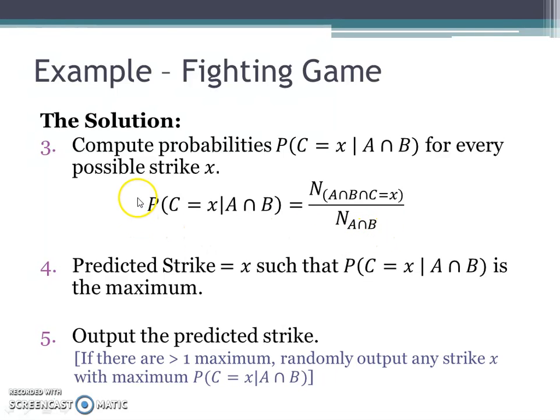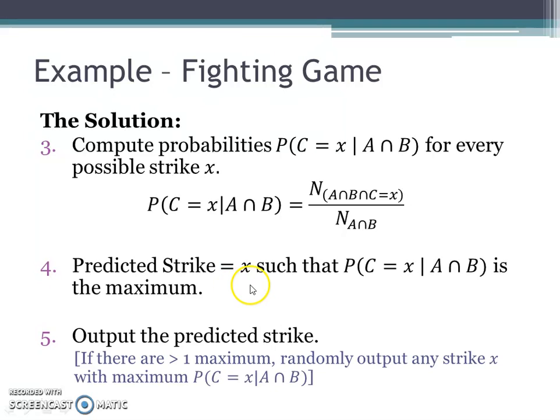Once you have calculated all the probabilities, you want to find which one has the highest value, because that will tell you which strike is the most probable strike that the player would use later on. Hence the predicted strike X is a strike X such that P of C equals X given A and B is maximum.